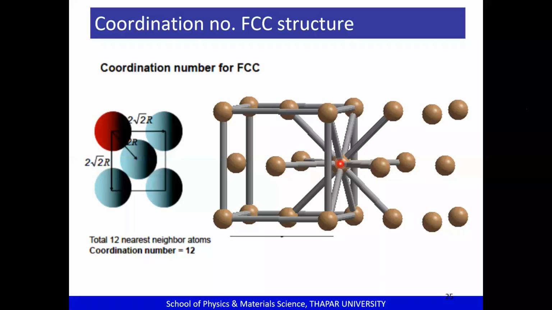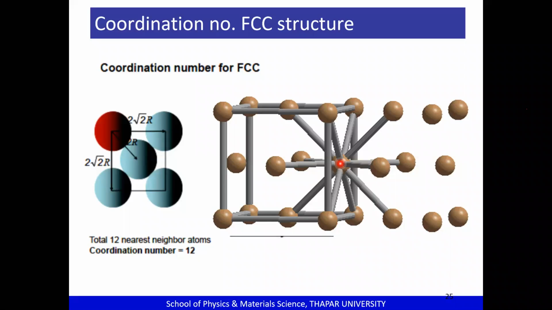Remember the definition. We define coordination number as the number of nearest neighbors, and nearest neighbor means all the neighbors have to be at equal distance.